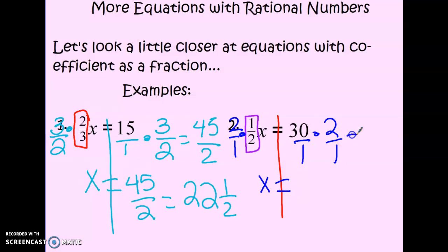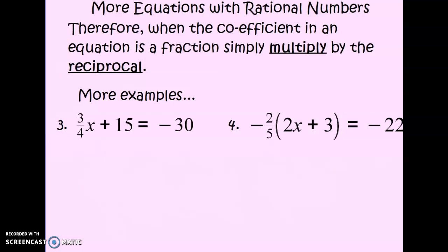And then 30 times 2 is 60 over 1, or just 60. So it does save us a little bit of time from having to rewrite the entire thing. Therefore, when the coefficient in an equation is a fraction, simply multiply by the reciprocal.